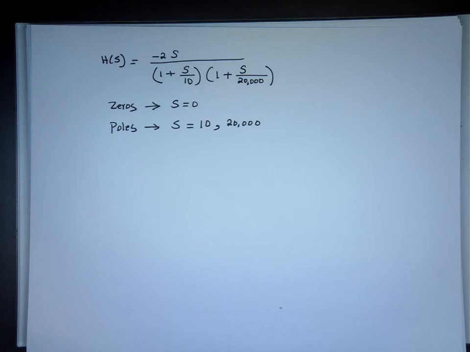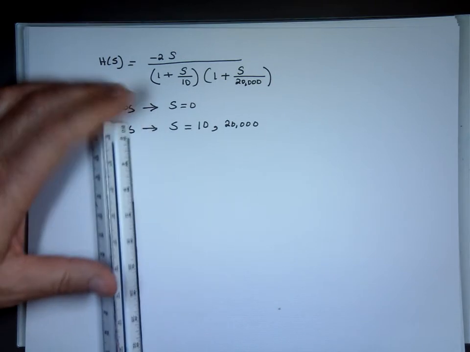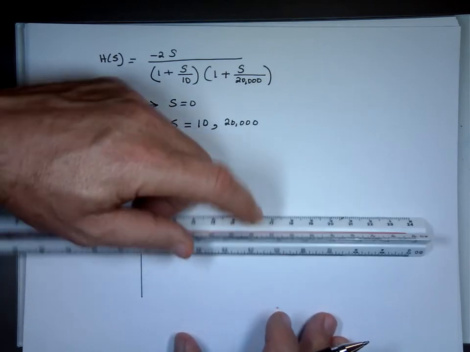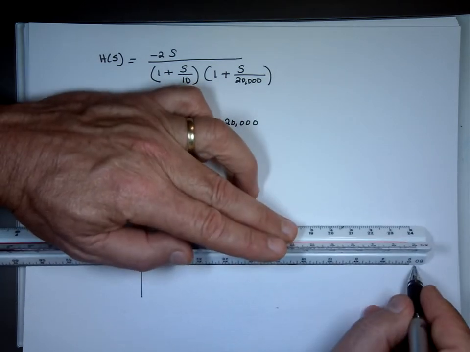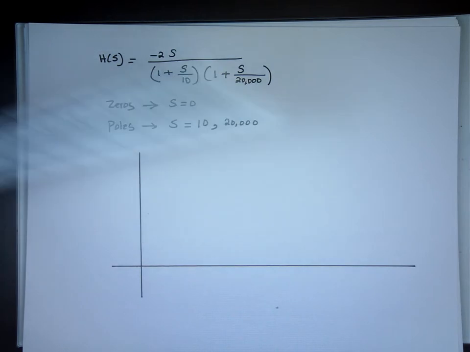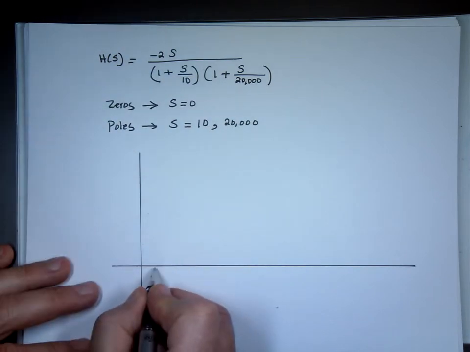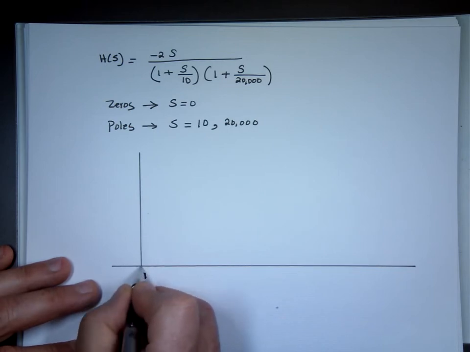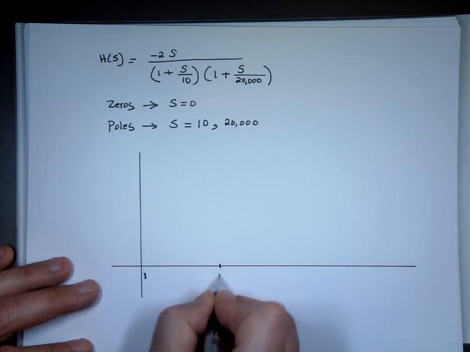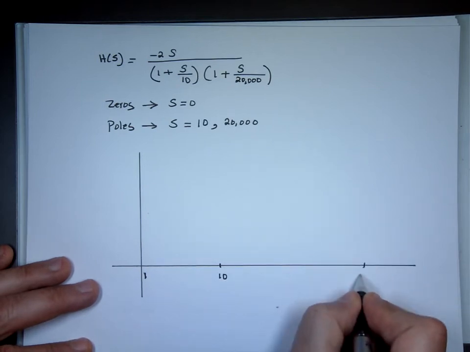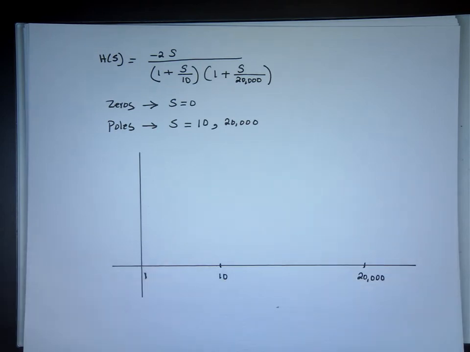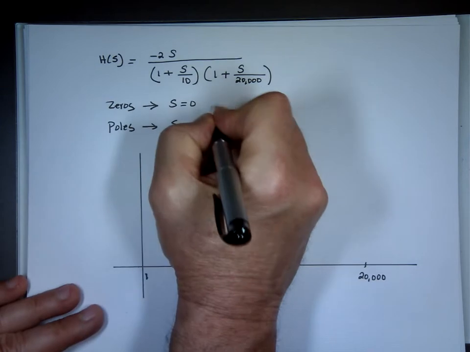So here's my Bode plot. I'm not going to start at 0. I'll start my graph, I don't know, at 1 or 2, whatever. Well, this is the 0. I'll make this the 1 here. This is s equals 1. This is s equals 10. This is s equals what? 20,000. From 0 on, you get a zero, and the zero pulls you up at the rate of 20.